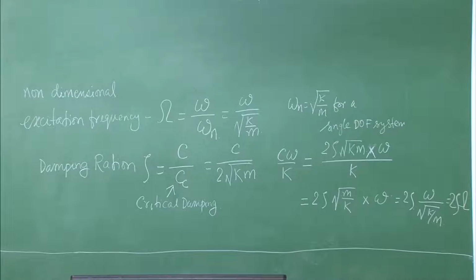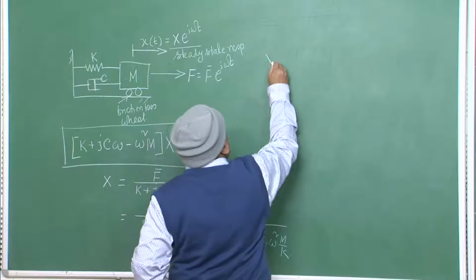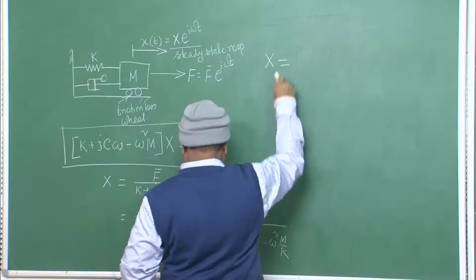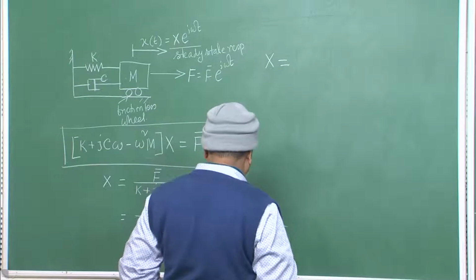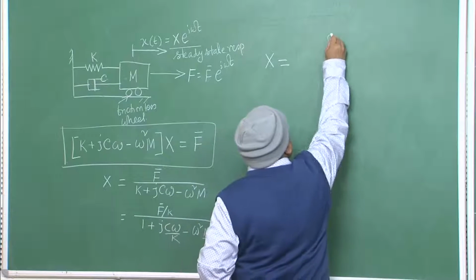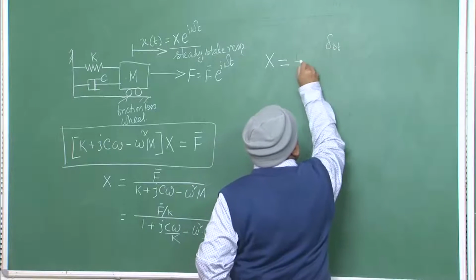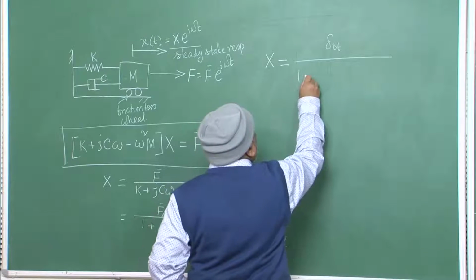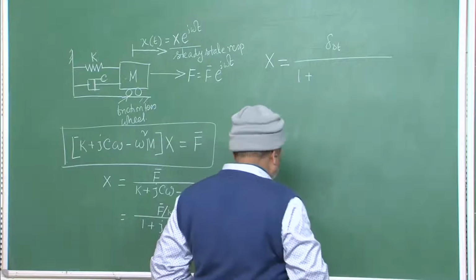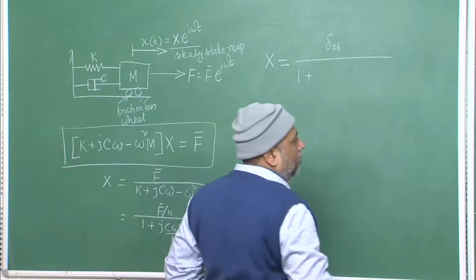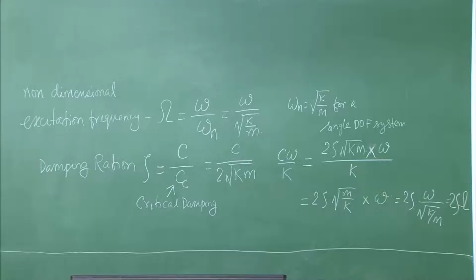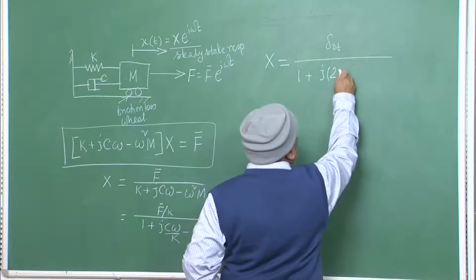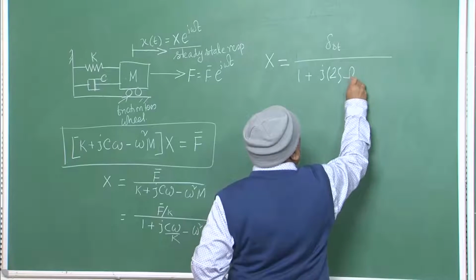Now we can write that the steady state response x is nothing but delta static over 1 plus j c omega by k. We have already derived that c omega by k is 2 zeta omega.